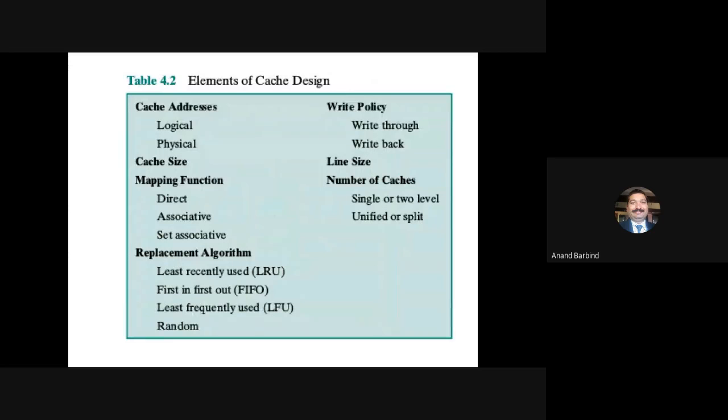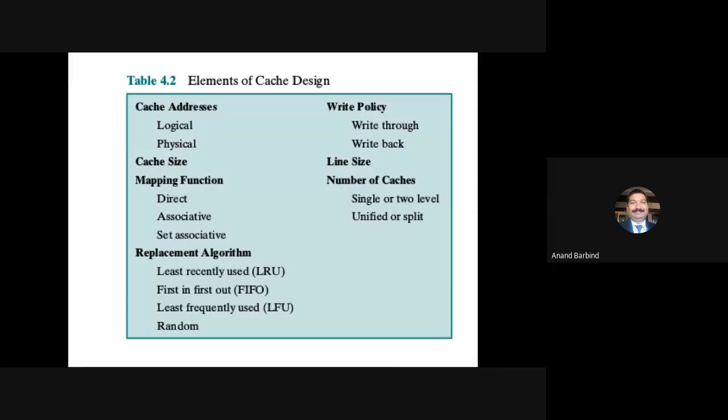So there are various elements of the cache which are important when we talk of the performance of the cache memory. So let us see the important cache elements in designing the cache. First of all, the cache is related with addressing, what addresses it uses, whether it uses the logical address or the physical address.